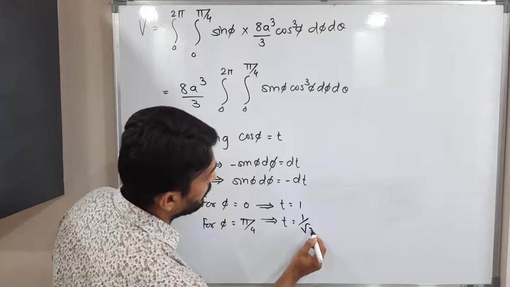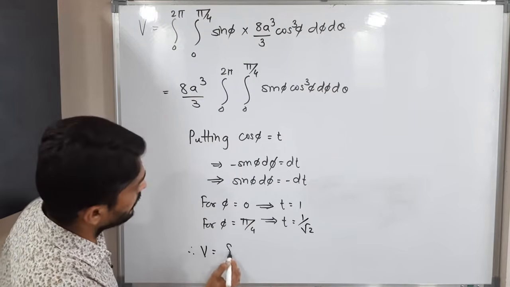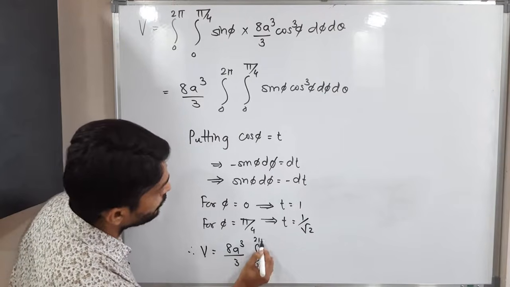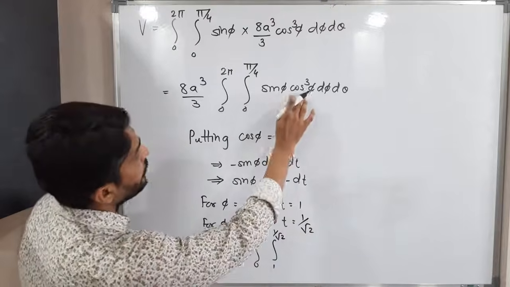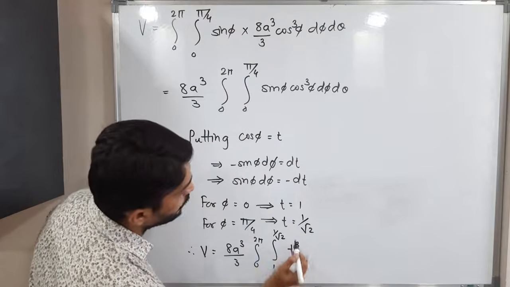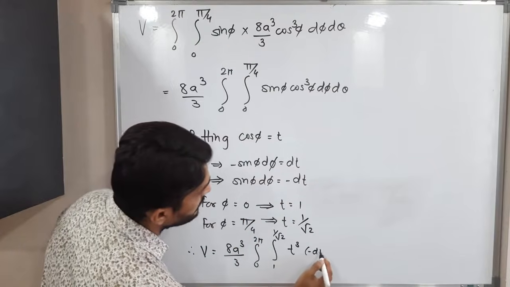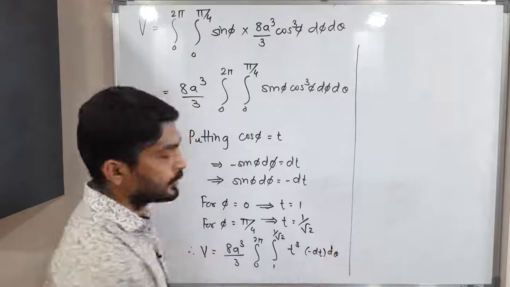So the upper limit of t is 1 by root 2. Therefore, v is equal to 8a cube by 3, integration 0 to 2 pi, new limits 1 to 1 by root 2, cos cube, that means t cube, sin phi d phi we can replace by minus dt, and then we have d theta. Right now the problem is more simple.